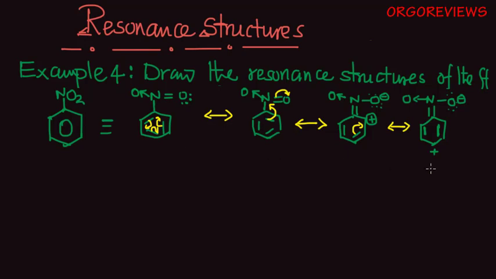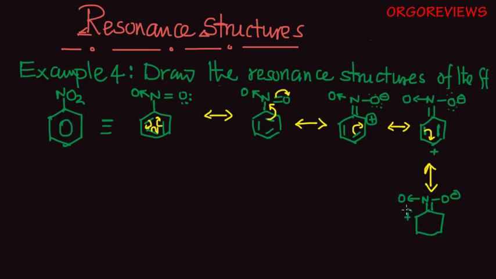So we go on to the next resonance structure. And what you're going to do is move this lone pair of electrons, or move the pi bond, to this positive charge. And if you did that, you're going to have a positive charge on this particular carbon. So let's see how that looks. So we have our nitrogen double bonded, single bonded to this oxygen, and you have that dative bonding to that oxygen.